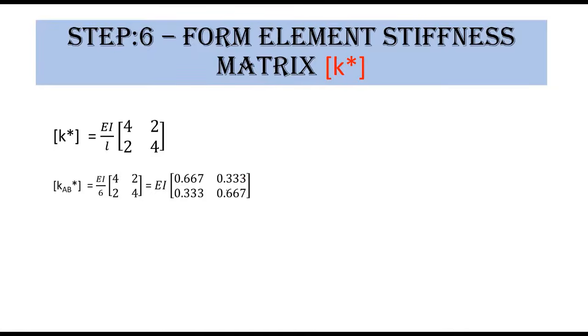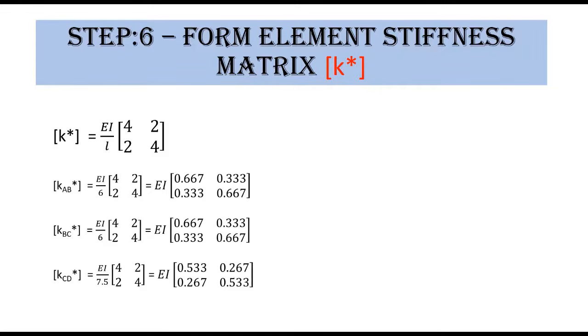And for BC also the length is 6, so it has the same element stiffness matrix. And for CD the length is 7.5. So the element stiffness matrix is 0.533, 0.267, 0.267 and 0.533. So these are the values of the element stiffness matrix.